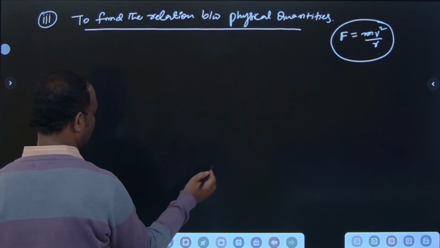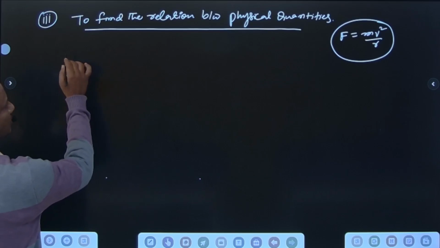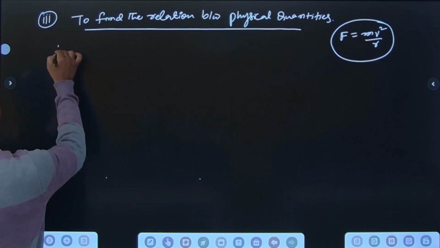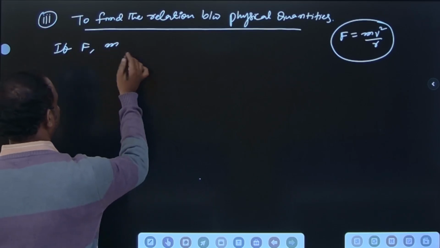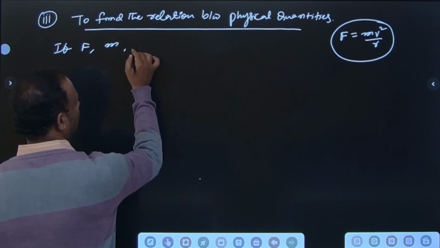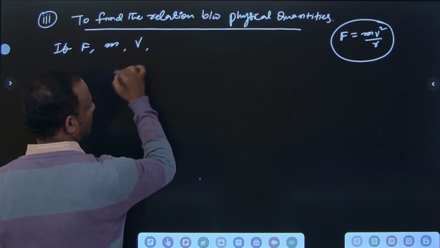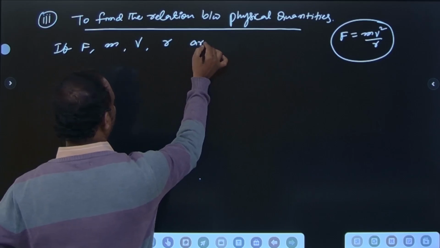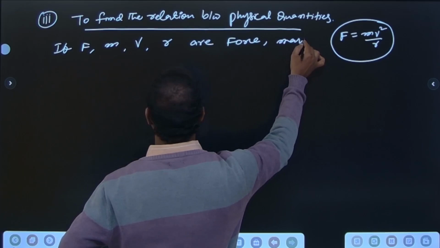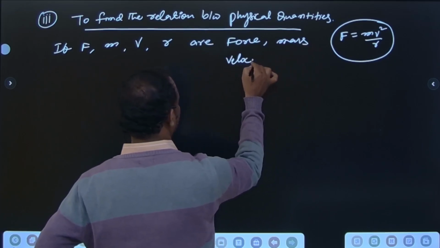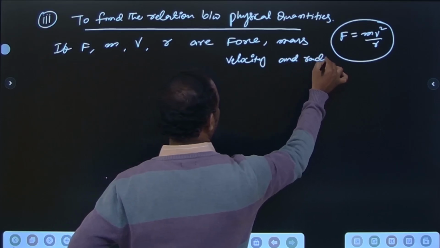So what is the method? First, the question is: find the relation between F, mass M, velocity V, and radius R. First is force, next is mass, next is velocity, and radius.